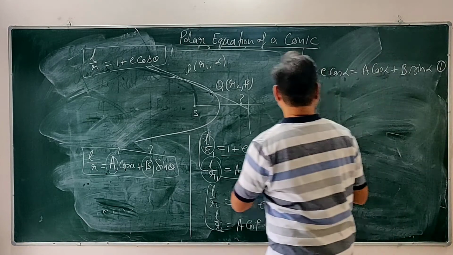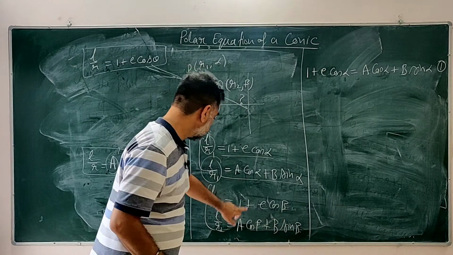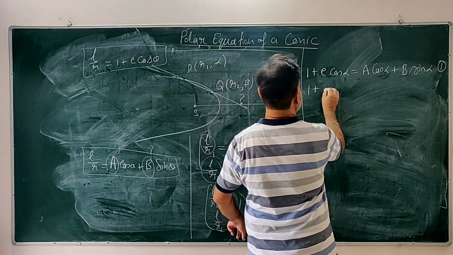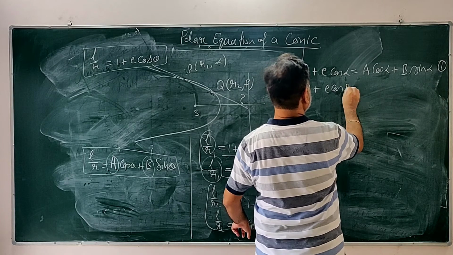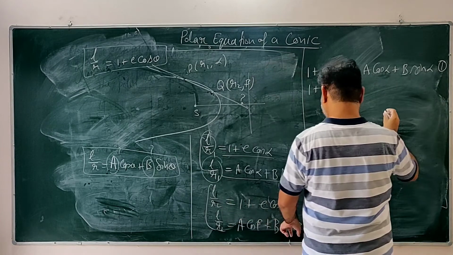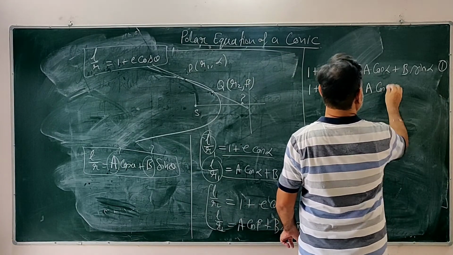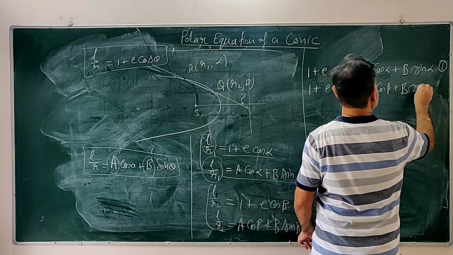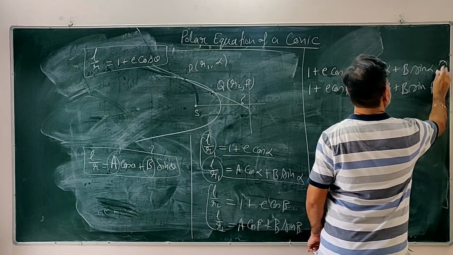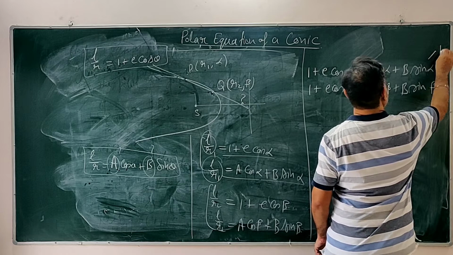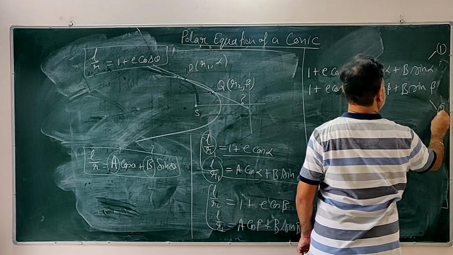This is one equation, and the other equation would be 1 plus E cos beta is equal to A cos beta plus B sin beta. This is equation number 1 and this is equation number 2.